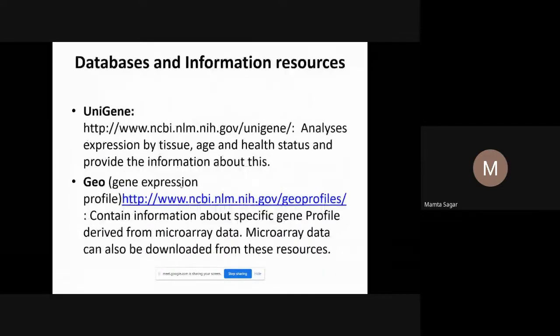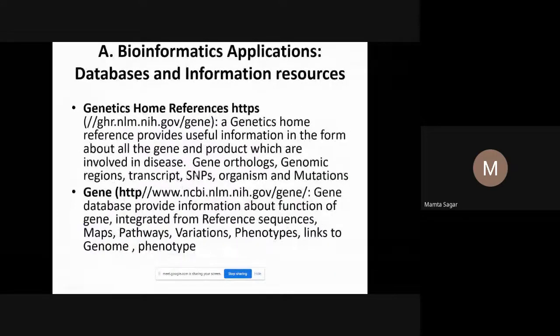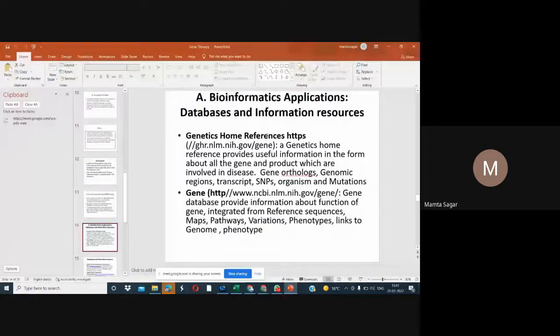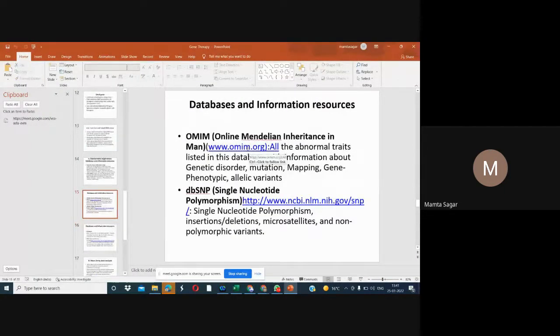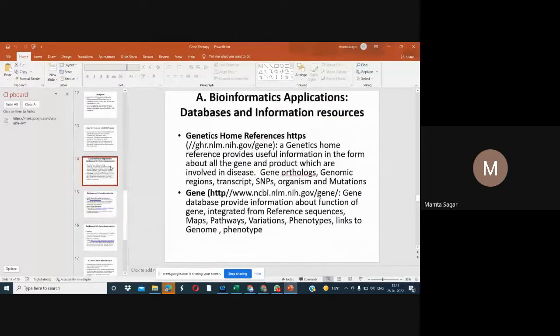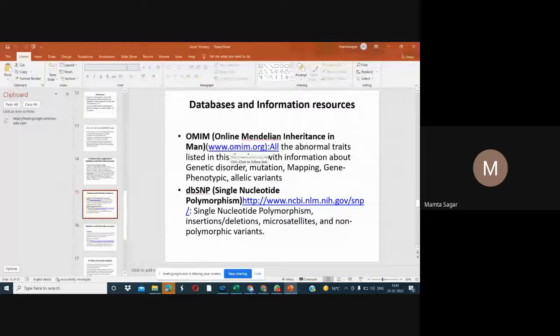So we'll discuss this first. This is very easy. We can click on the link and go wherever we want to search. The links are given here, so by clicking on these links, you can search. Like, I want to search in this.